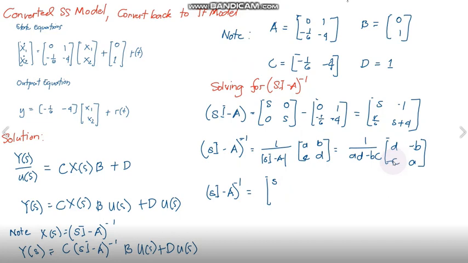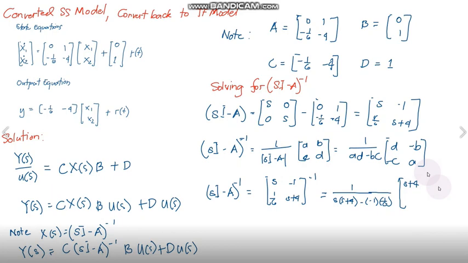So with this matrix, taking the inverse will be equal to 1 over the determinant of this matrix: s times (s plus 4) minus negative 1 times 1/6.